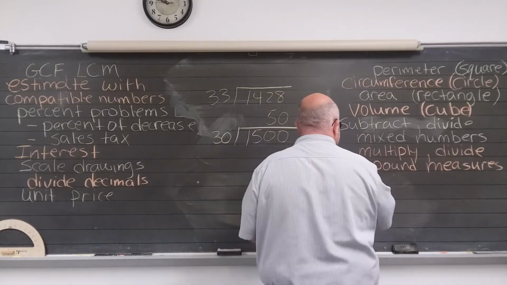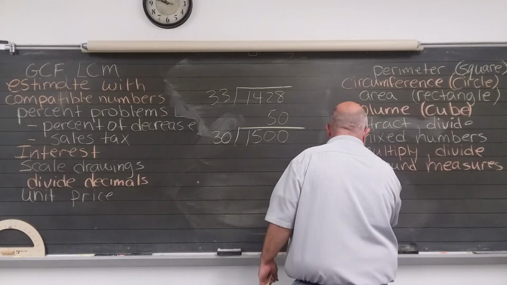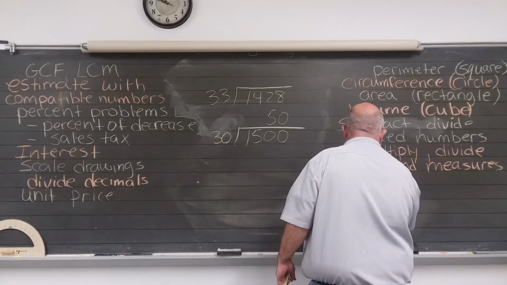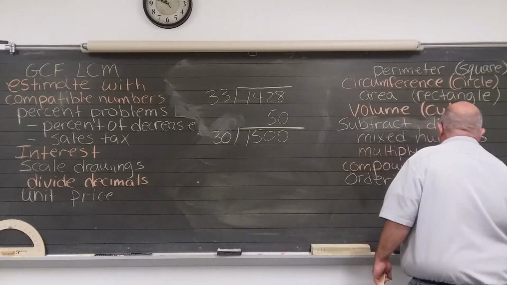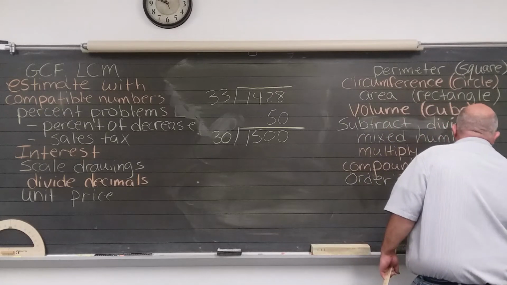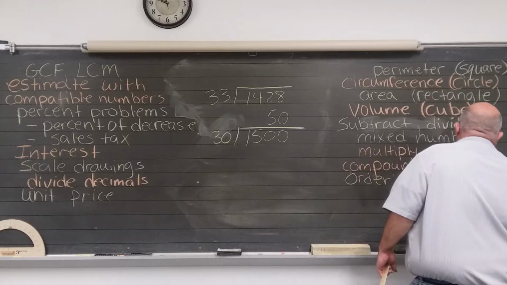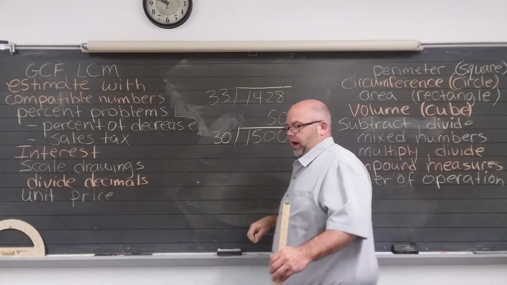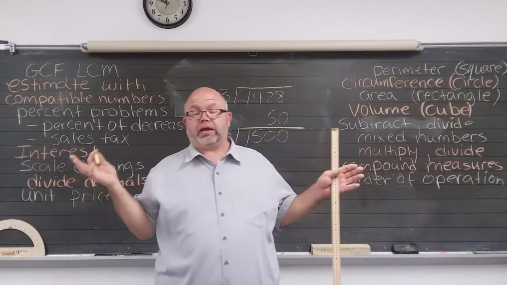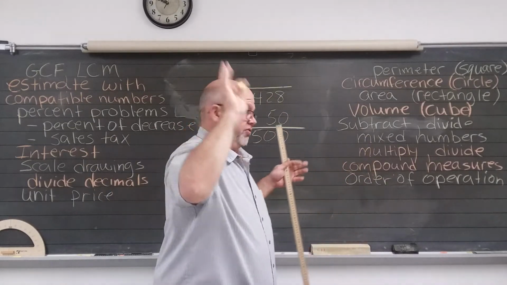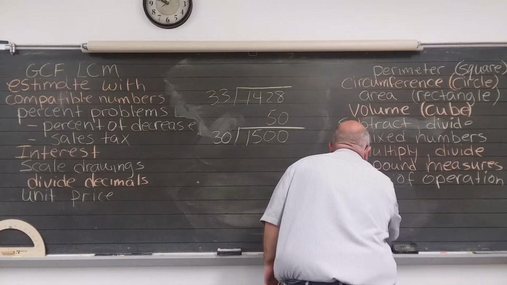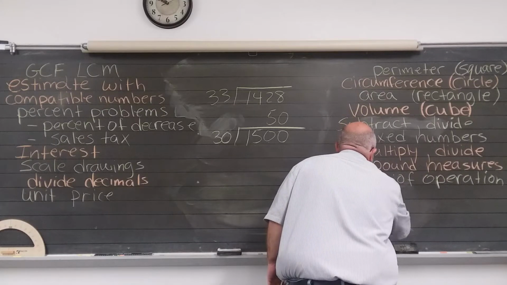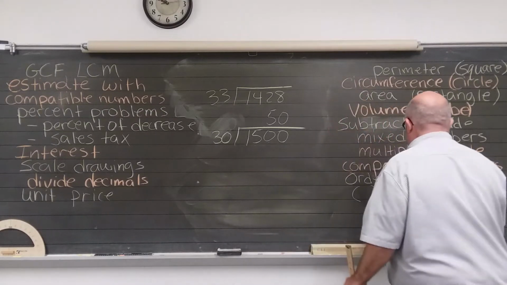Before I forget, let me put this on the board yet. Order of operation. So you have a math problem that has add, subtract, multiply, divide, parentheses, whatever else in it. What order do you do things first? First of all, you do whatever's in parentheses. All right?